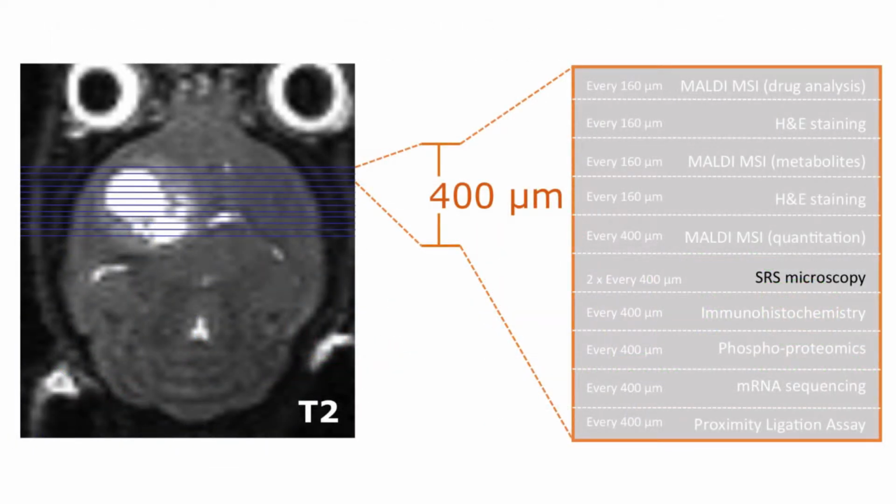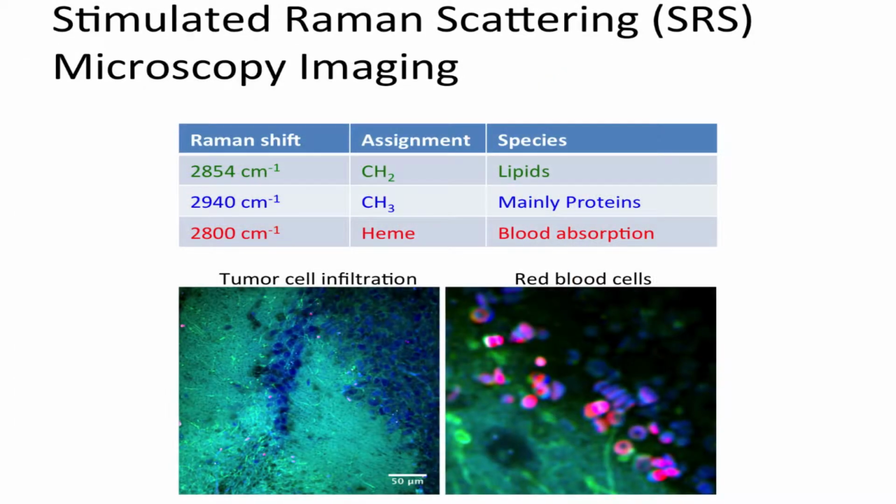So another component that we brought to our Physical Science Oncology Center grant, that basically gave us the title of physical, is to use SRS microscopy. In this case, we use stimulated Raman scattering microscopy imaging to look at tissue architecture, again being label-free. What we're looking at is the vibrational state of molecules, and in this case, we can't be as specific as with mass spec.